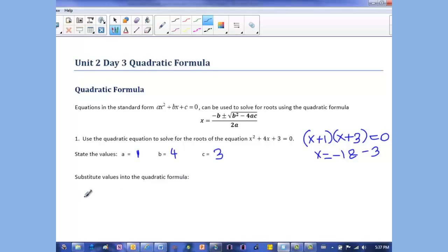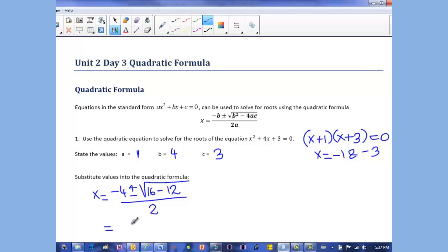Now we have to substitute the values into the quadratic formula, so we have x equals negative 4 plus or minus square root of 4 squared, which is 16, minus 4 times 1 times 3, which is 12, over 2 times a, or 2 times 1, which is 2.